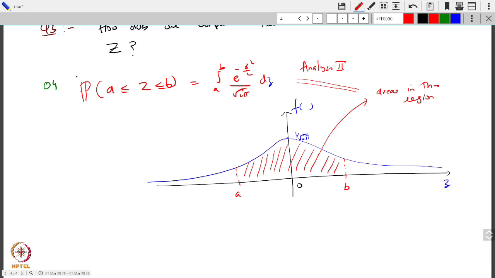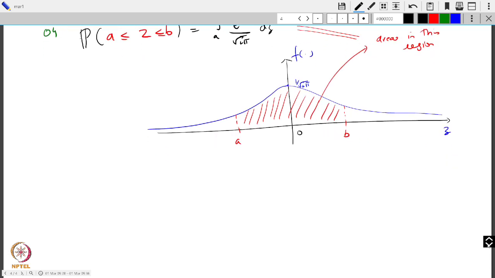So the probability that a is less than Z less than b, which is equal to this integral, is given by the area under this curve. That's something we understand very well. So now we can use the property of the function to see what geometry I can use to get this area.